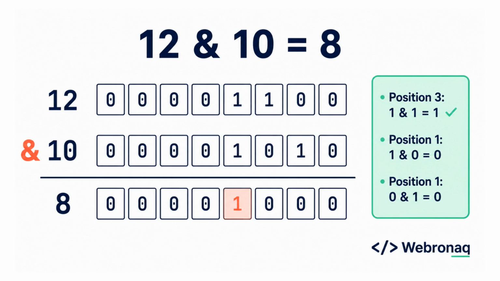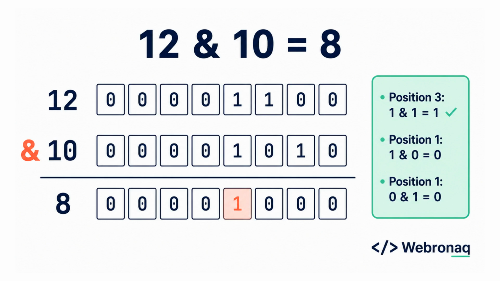Position 1, 0 and 1, still a 0. Position 2, 1 and 0, that's a 0. And position 3, 1 and 1, finally a match, so we get a 1. Every other position has at least one 0, so the rest of the result is all zeros. Read the binary result back in decimal, and we get 8. So 12 AND 10 equals 8.